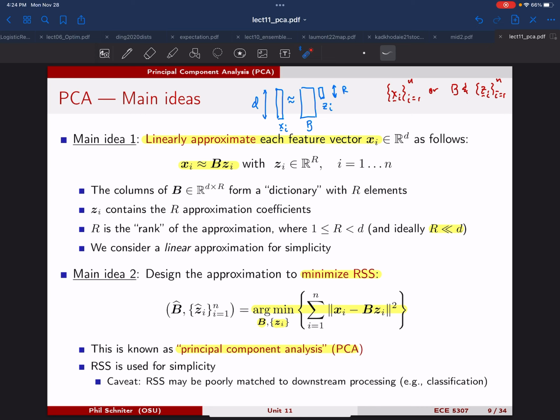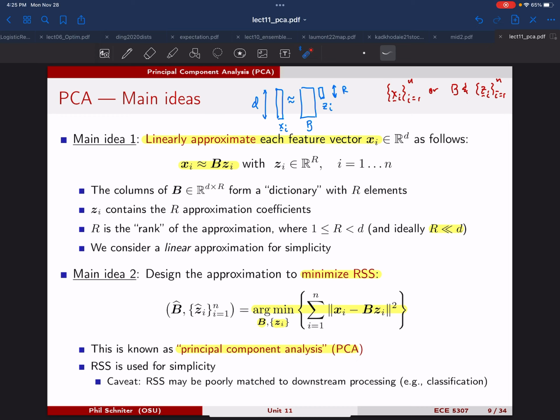But there's another issue, which is that when you think about the downstream task and when you think about how the compression is done here, there may be a mismatch. So here we're saying, come up with an approximation that is close to the original features in the L2 norm. While that sounds good, and it's maybe a good thing to do, in many cases it's not always a great thing to do, especially if you're doing classification.